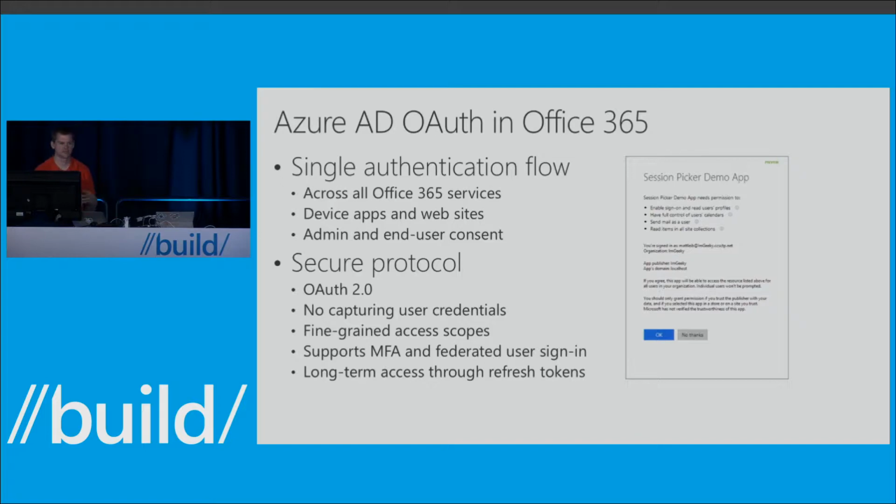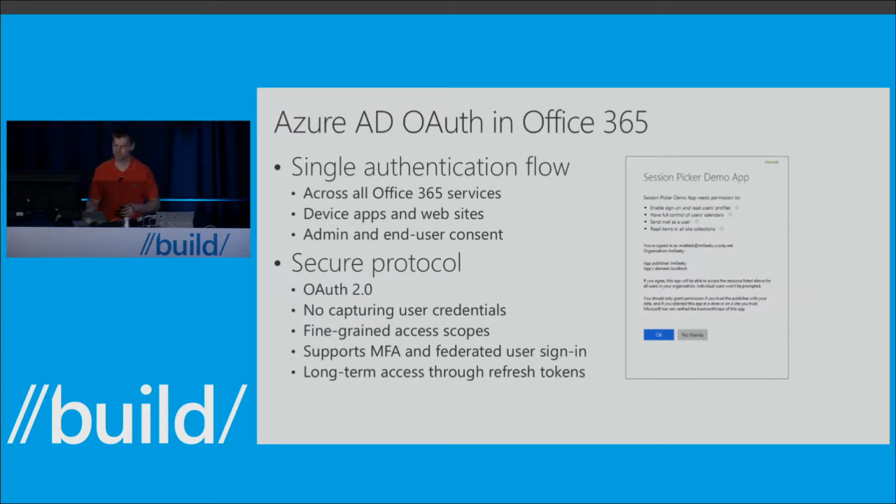Because it's OAuth, if you've ever done anything with OAuth, you've probably seen a dialog pop up that says, hey, this app wants to leverage some data that you have in Office 365. And you see this all over the web. If you've ever been on Facebook and clicked on an app in there, you get that prompt that says, hey, this company wants to be able to post on your behalf and get every information that you've ever posted inside of Facebook. That's the same concept here.